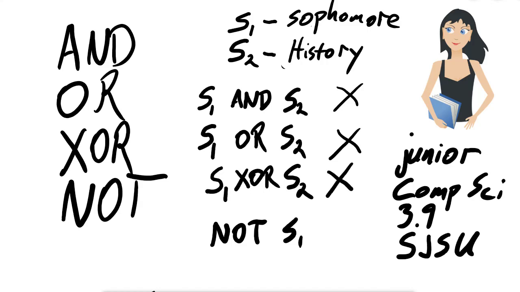But what if the eligibility requirement is that Stacy is not a sophomore? She is not a sophomore. She is a junior, so she would qualify. Okay? So hopefully this gives you some good insight into how, conceptually, these Boolean operations work.